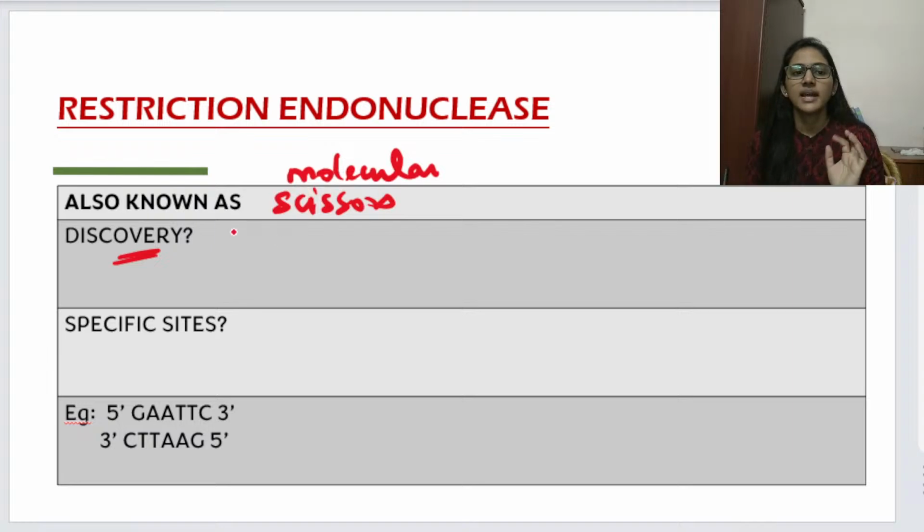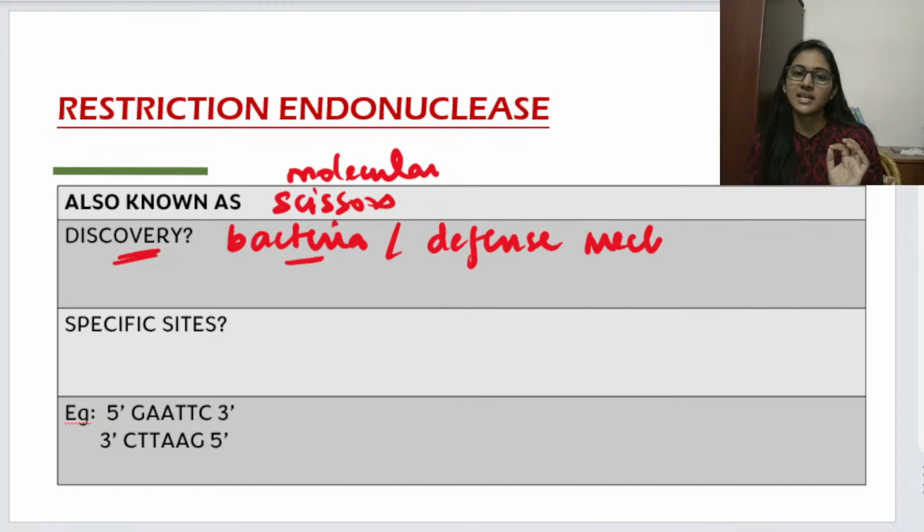Where is it present? It is present in the bacterial cells. In the bacterial cells, it is used as a defense mechanism. Whenever a bacteriophage infects a bacteria, it will try to get inside the bacterial cell.